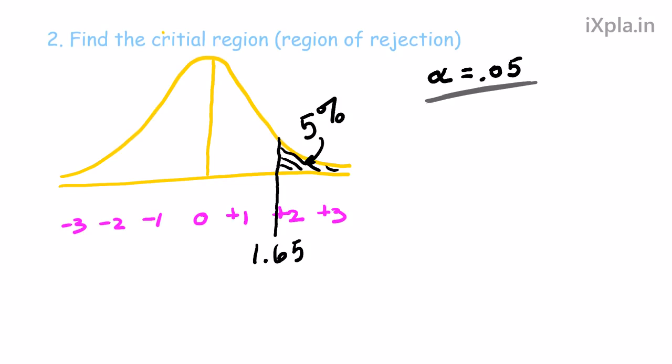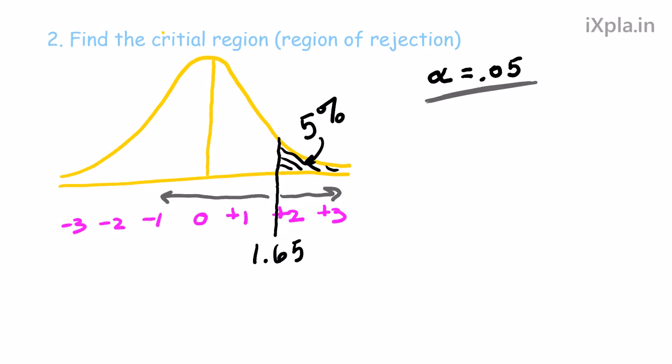That means if we get a z-score on this side of this line, we are going to reject the null hypothesis. If we get something on this side of the line, we're going to fail to reject the null hypothesis.